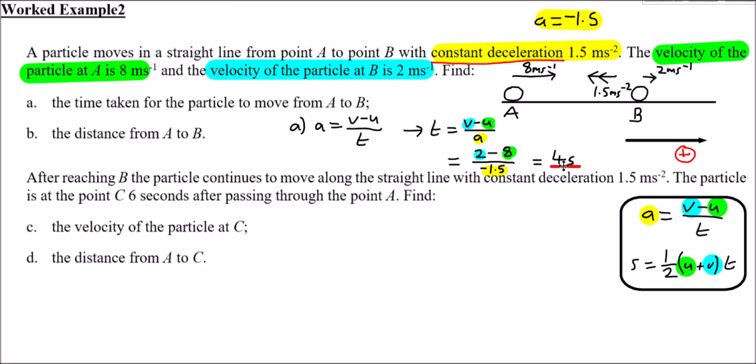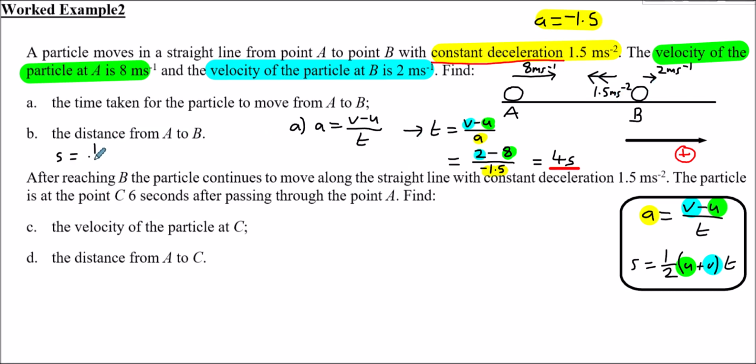And part B, calculate the distance from A to B. Now we worked out the time, so we can now use this 4 seconds in the equation for the distance s. The displacement will be the same as the distance, because at this point nothing complicated has happened yet.